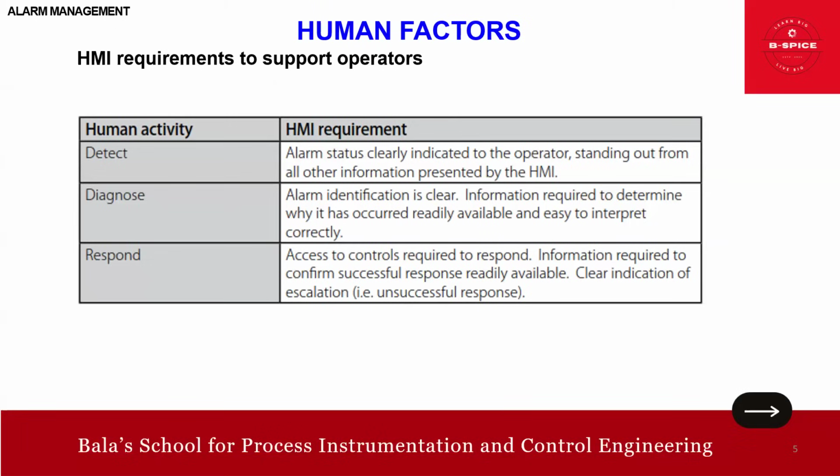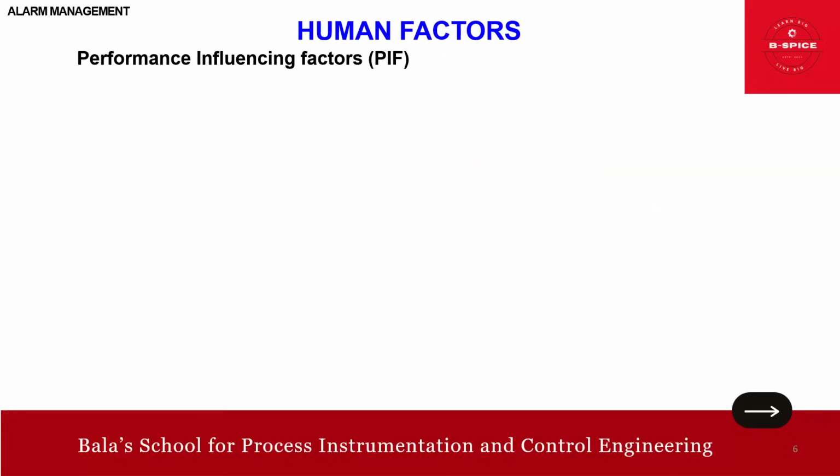Then we have another one in human factors. This one we call a performance influencing factor, PIF. It can also be called PSF, that is performance shaping factor or performance influencing factor. There are many actually. What are all the performance factors we will see? First is clarity of signs and signals, meaning clear labels will make it easier to identify the alarm and diagnose its cause, right?